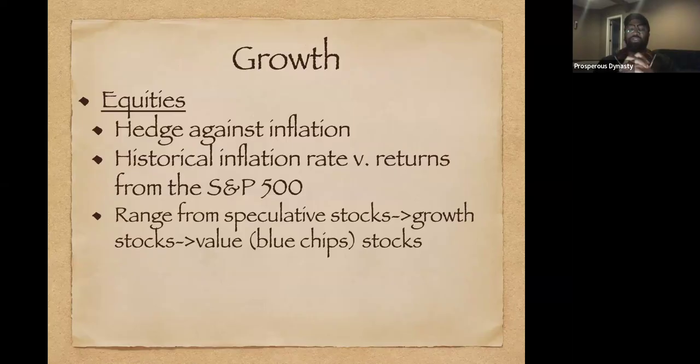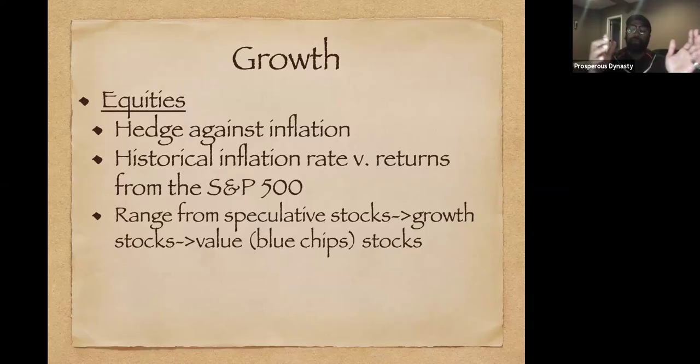Traditionally, stocks have been the best hedge against inflation, right? The historical inflation rate is around 3%, and returns from the S&P historically have been around 10%. So this is what we say: if your money's in the bank, it's going to lose way to inflation. So your money is losing money.